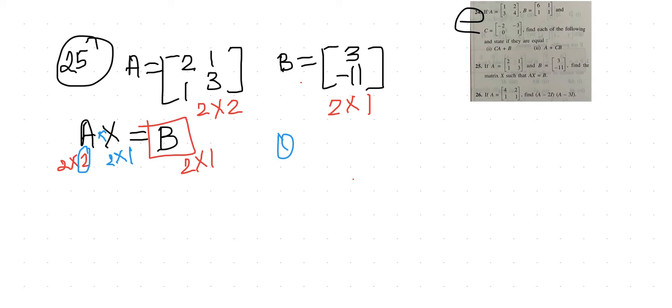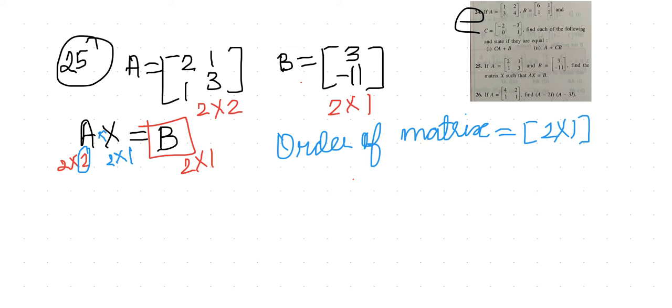You will write that the order of matrix X is equal to 2 into 1, meaning 2 rows and 1 column.